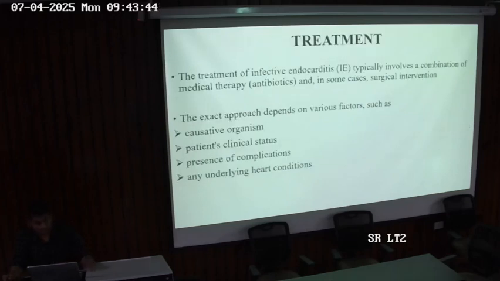How will you treat? The treatment of infective endocarditis typically involves a combination of medical therapies in the form of antibiotics, and rarely there is a requirement for surgical intervention also. The causative organism should be identified and targeted with the antibiotic.